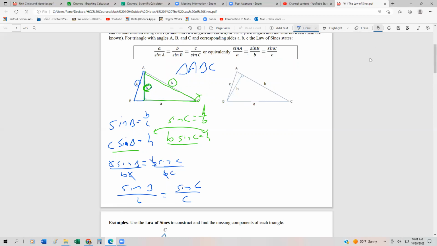Now let's pick one this time, maybe A. I'm going to take a look at this smaller triangle.